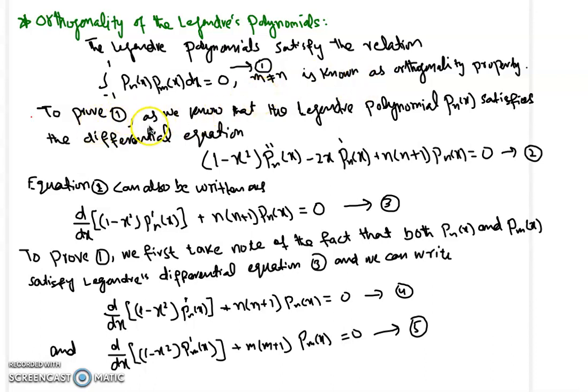To prove this relation, as we know, the Legendre polynomial Pn satisfies the Legendre differential equation of this form: (1 minus x squared) times the double derivative of Pn, minus 2x times the first derivative, plus n(n+1) Pn equals 0.